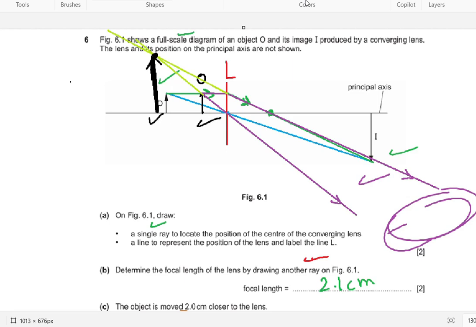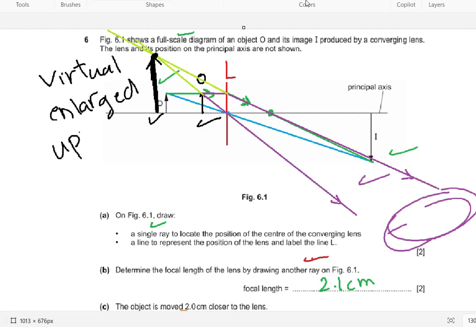As you can see, since it is on the same side as the object, remember this is the object and here will be the image, it is going to be virtual. And as you can see, it is bigger than the object, so I say it is enlarged. I can add another property, which is upright.